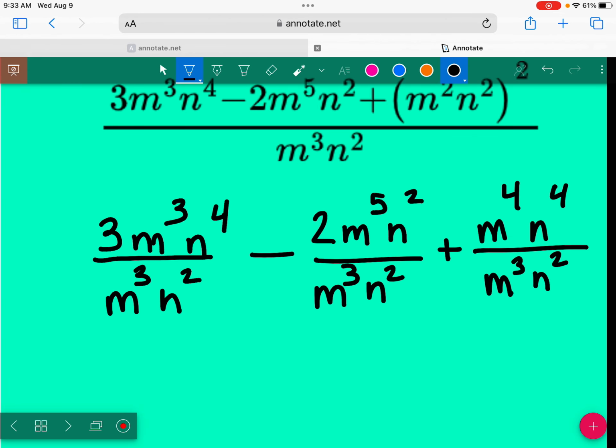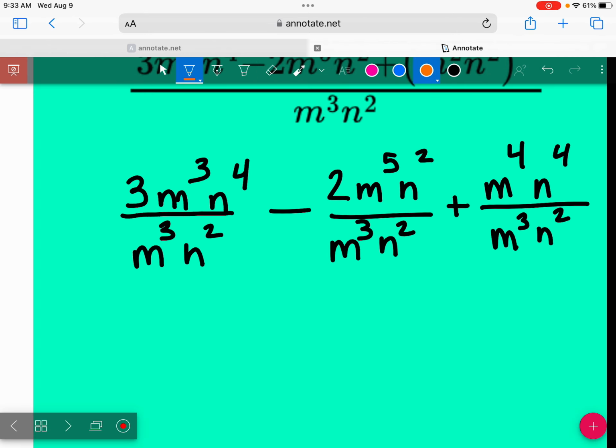And then we look at each fraction individually. So this first guy, what is left over when we simplify? 3n squared. Because the m cubes canceled out, and then we subtract 4 minus 2. The minus sign comes down. My 2 is going to hang out because that doesn't cancel out.